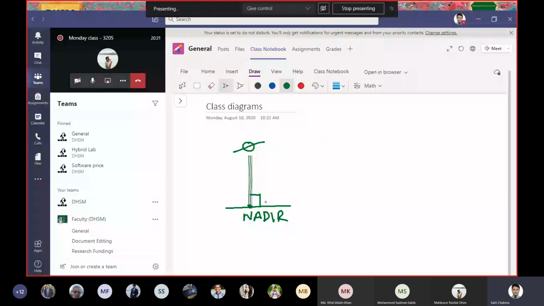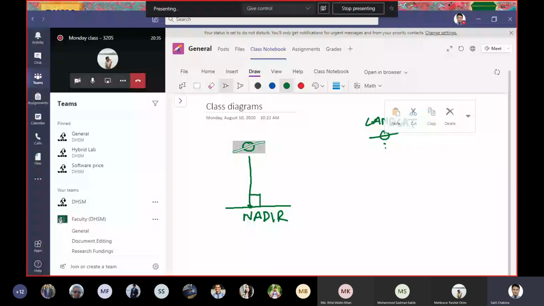So now this is your Landsat, and you are taking some image. This is the ground, and this is the surface that you are capturing.